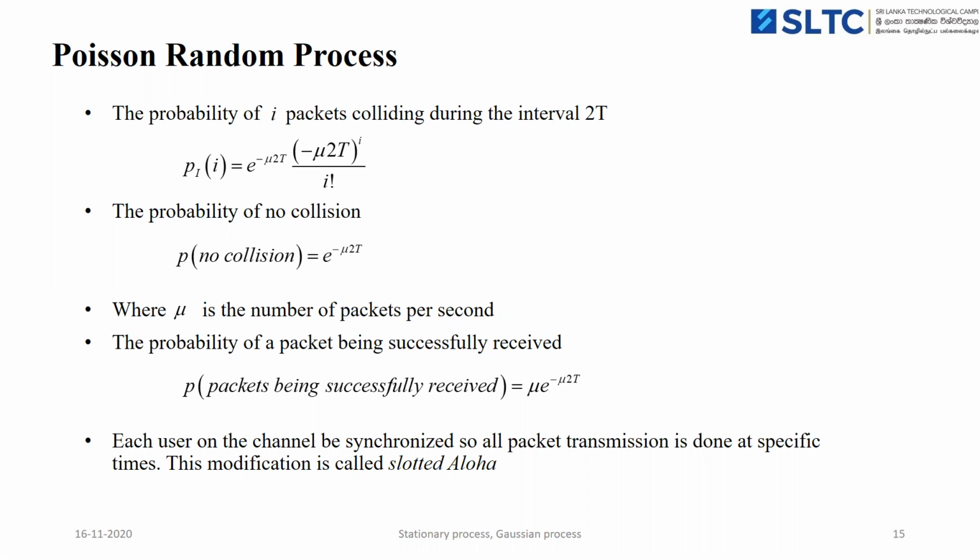But in slotted Aloha, each user is synchronized, which means the user should know at what time he should send the packet in the channel, so that the collision will be avoided. This kind of transmission is called slotted Aloha transmission.